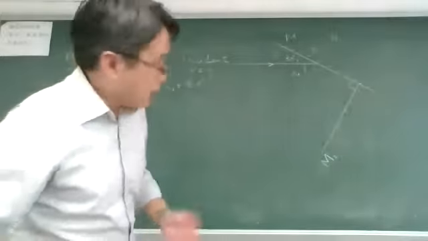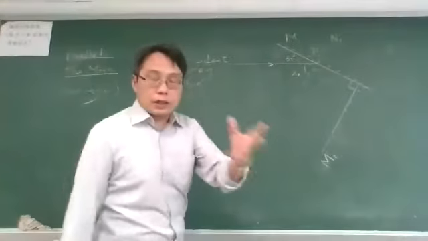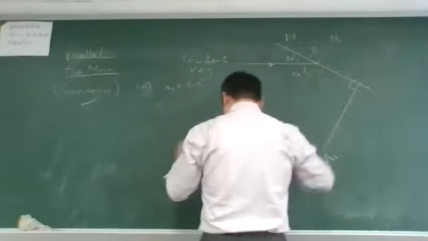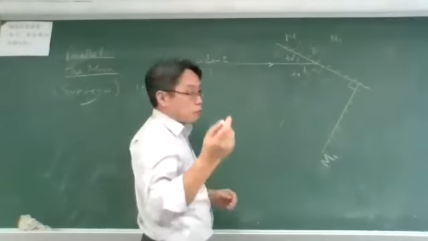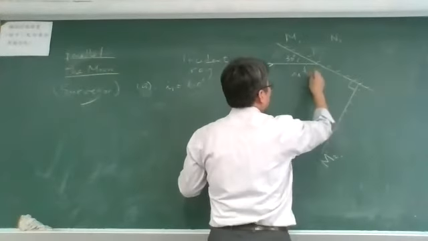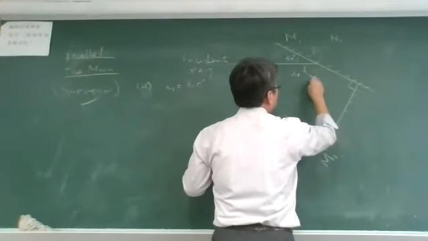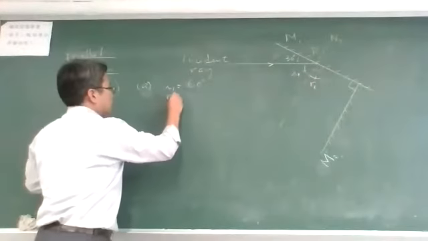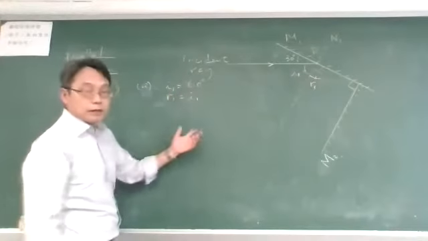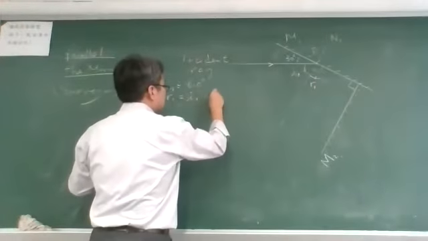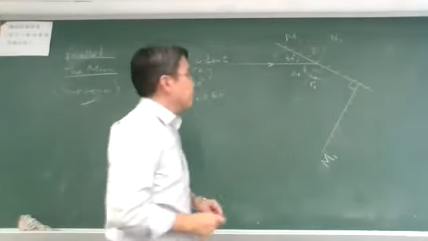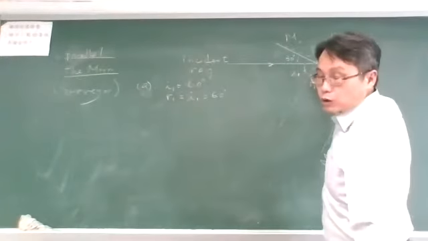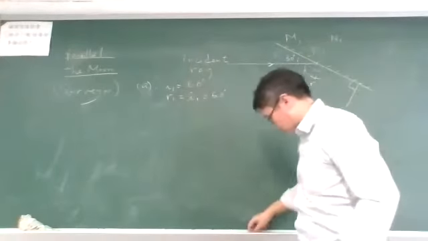With the laws of refraction, if this is I1, then the angle of refraction at mirror 1, which I call R1, is equal to I1. And this is equal to 60 degrees. So this is 60 and this is 60, and I will draw the refracted ray accordingly.